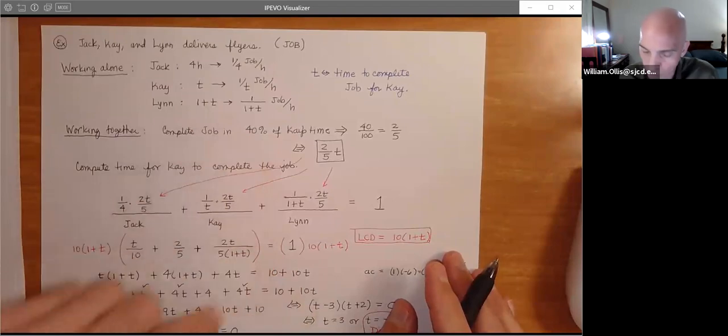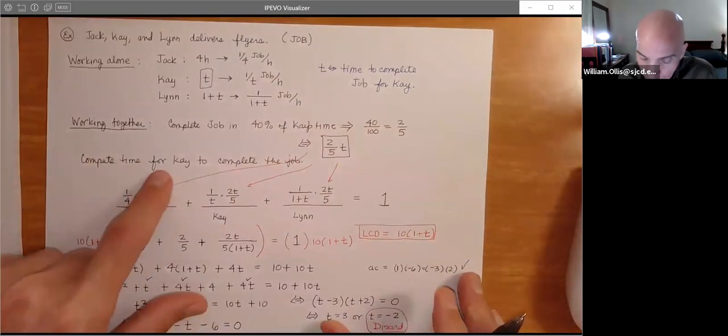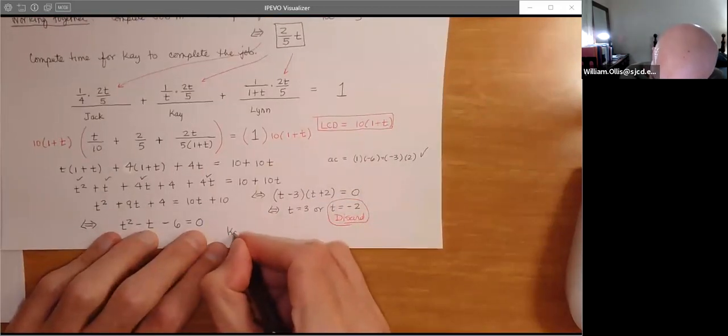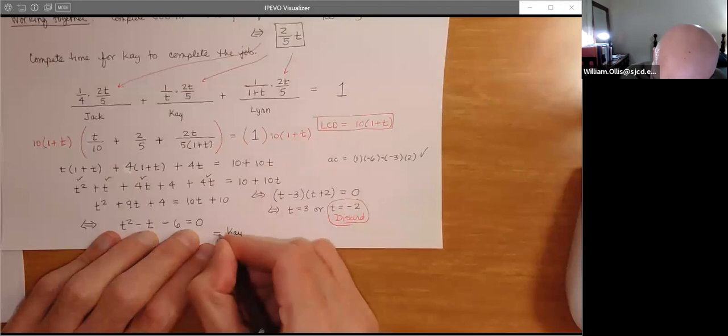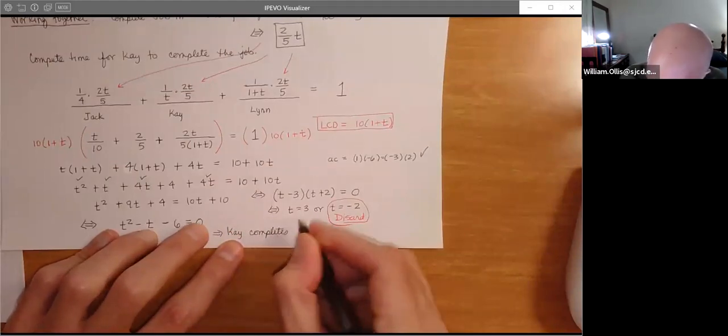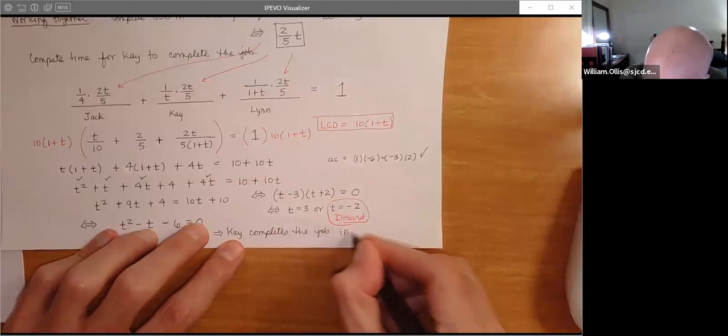We don't have to add 1 or anything. So that's what we need. Compute the time for k to complete the job. So k completes the job in 3 hours.